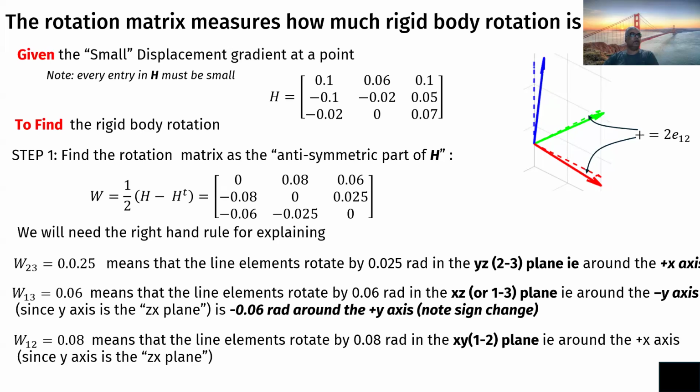W12 equal to 0.08 means that the elements rotate by 0.08 radians in the XY or 1-2 plane, i.e. around the z-axis, because XY is 1-2. Okay. So that's how it works. The z-axis is the last one, and that is how we look at the rigid body rotations by looking at this W matrix. Thank you very much.